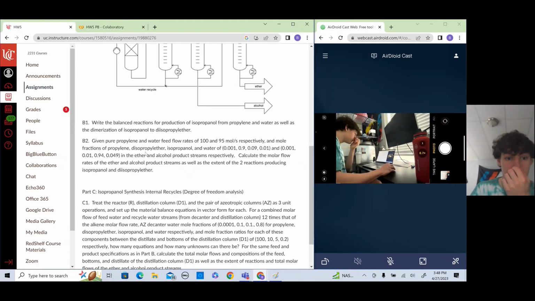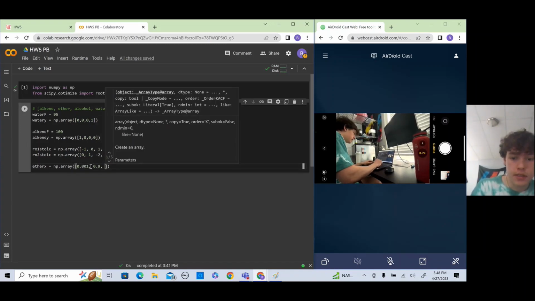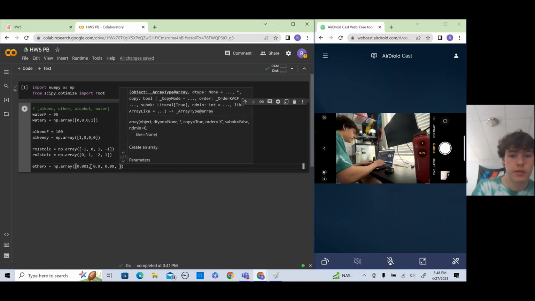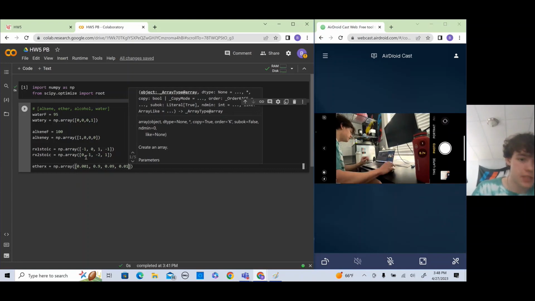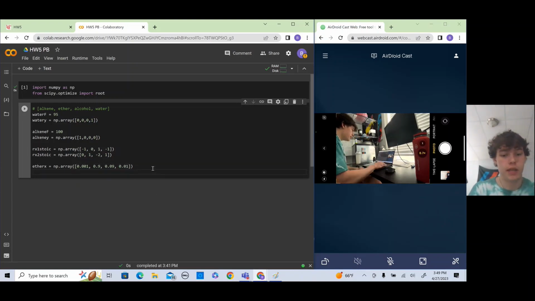So mole fractions of our ether, 0.1991 again, 0.001, 0.09, and this one says 0.01, so I'm going to keep it the same. I think it would make more sense for it to be a 0.9, so it adds up to 1.